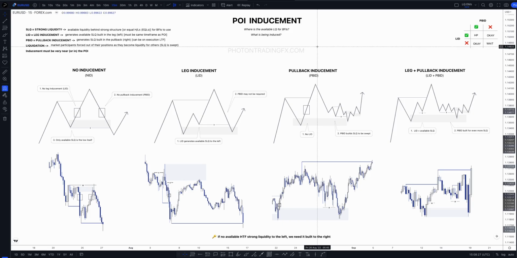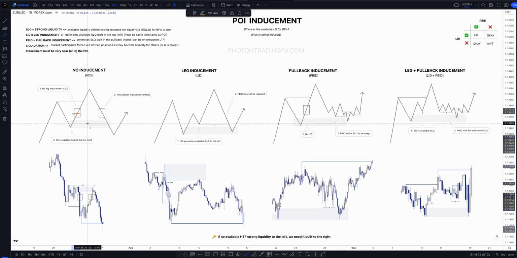So that was a quick intro on inducement and what we look for, and now let's make it a bit more formal. Really, how I see it is there's generally only ever 4 scenarios that we're going to look for when we're thinking about inducement. If we start from left to right, it will make a bit more sense. The first scenario could be where there's absolutely no inducement.